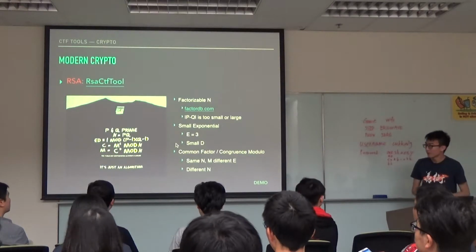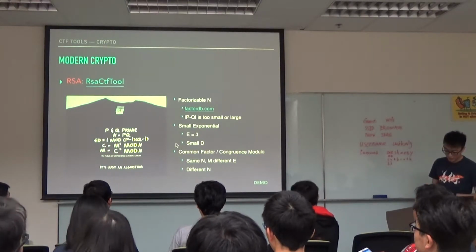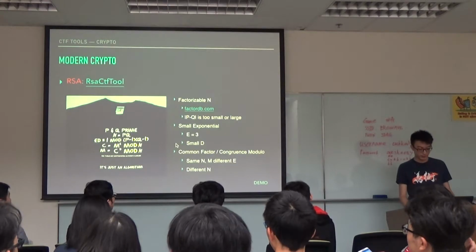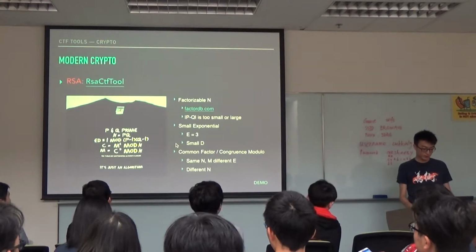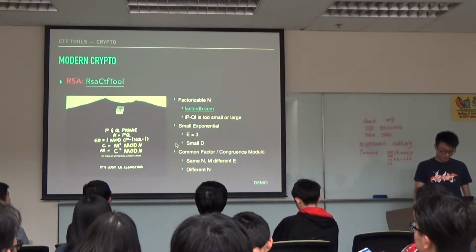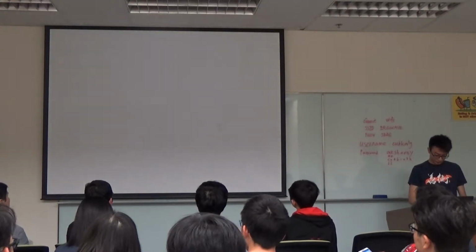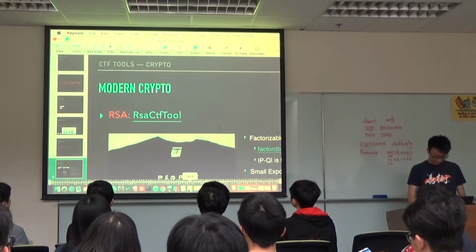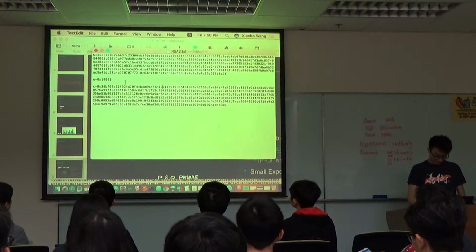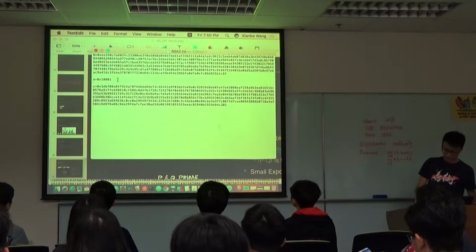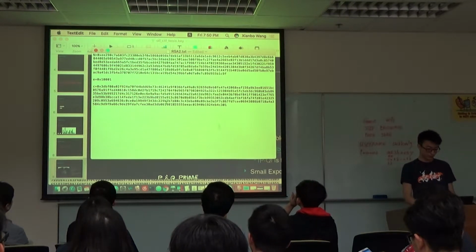So for this kind of RSA problem in CTF, many times we're given some of those values: N, P, Q, E, D, C. This is a CTF challenge.